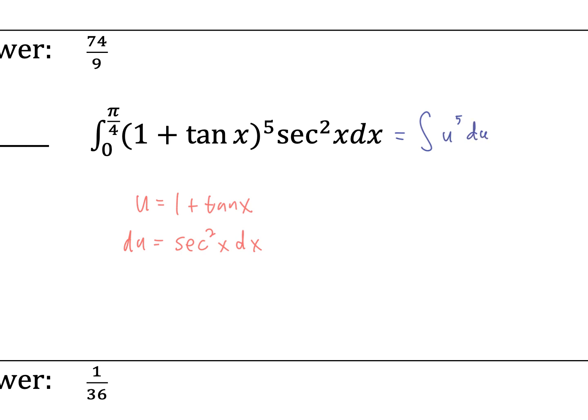Okay, we'll do our limits. u at the top, u at the bottom. Plug in pi over 4 for x: tan of pi over 4 is 1, plus 1 is 2. Then plug in 0 for x: tan 0 is 0, so 1 plus 0 is 1. Those are our new limits.